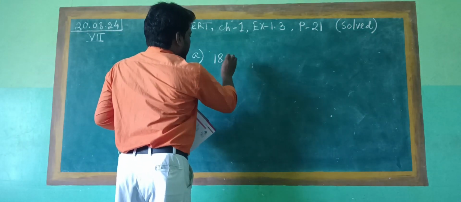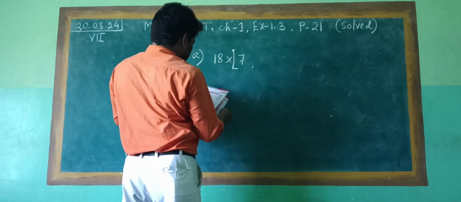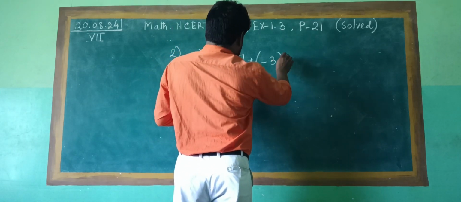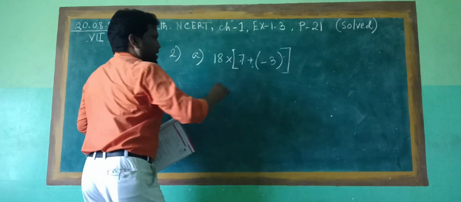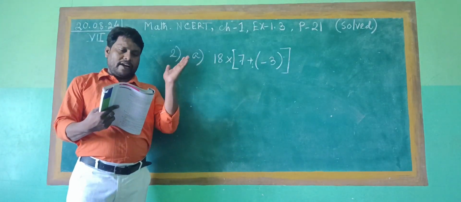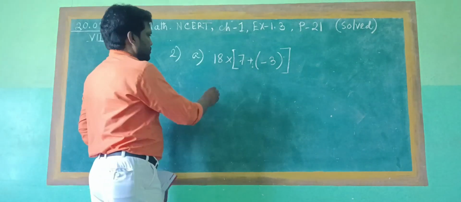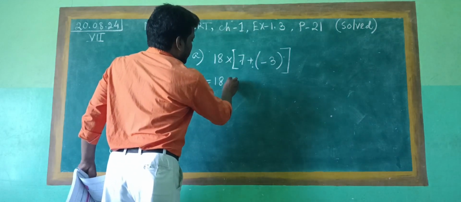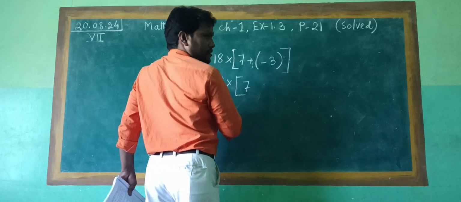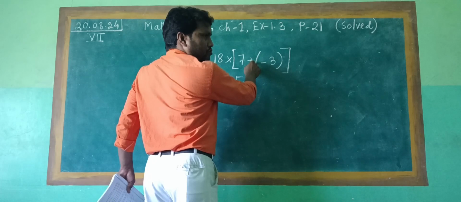18 into bracket 7 plus bracket minus 3. It is the left hand side. At first find the value of the left hand side, then you will find the right hand side. 18 into, within the bracket, look very carefully, 7 plus into minus, this is called into.